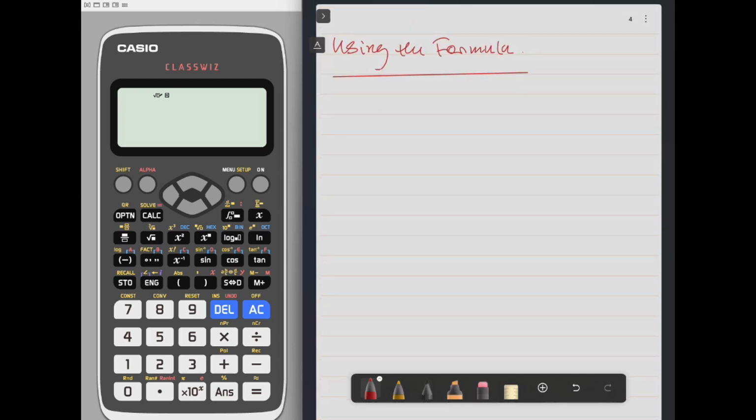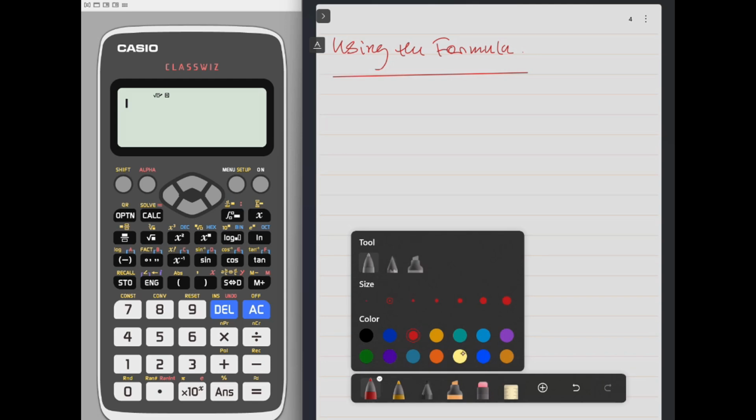So, let me just write the formula. I will write it with purple.